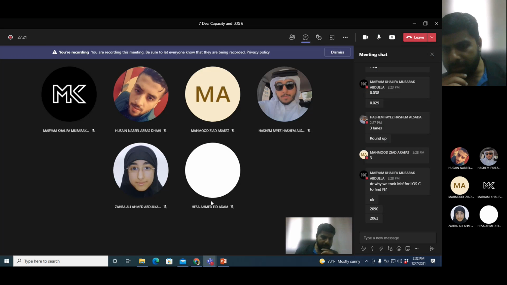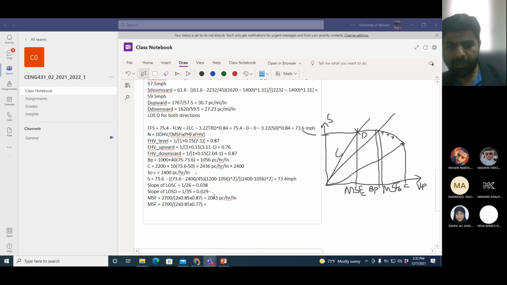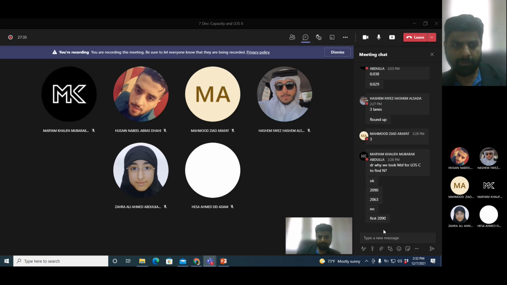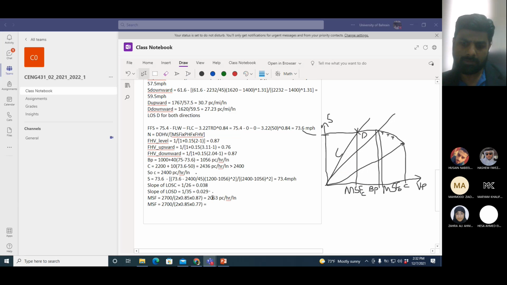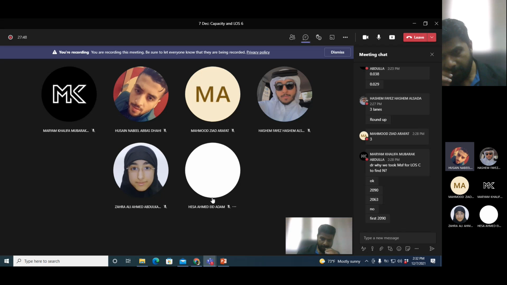Which one is 2090 and which one is 2063? Can somebody cross check it? Tell me the exact values. The first one is 2090. And the second one is? The second one, Doctor, is 2062.6.